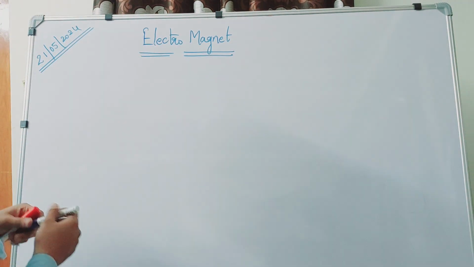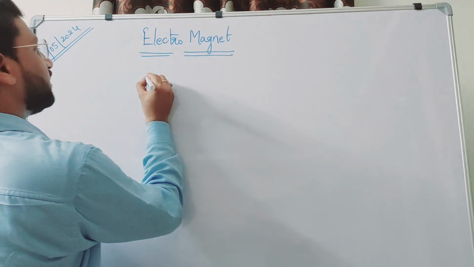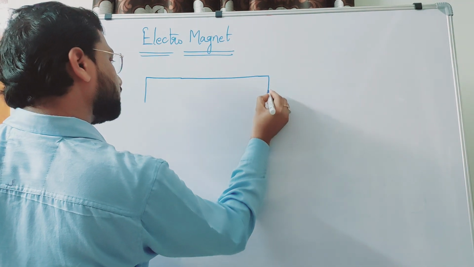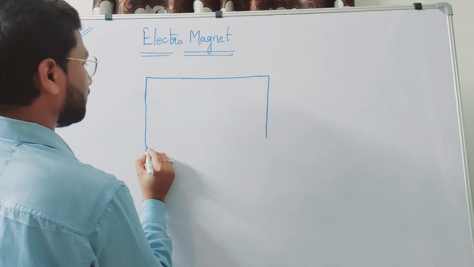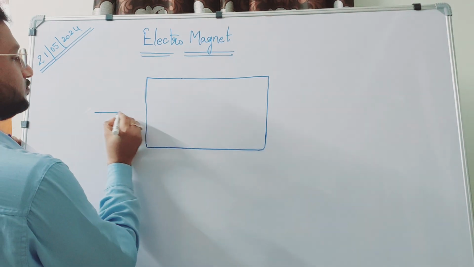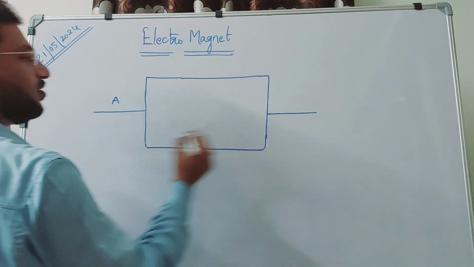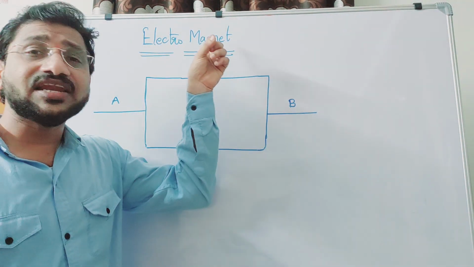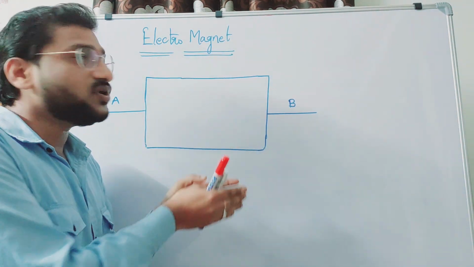Now, let us take a small example of one conductor or a material. I should not say immediately it is a conductor. So, let us take a material, which can be called A and B. Since I am dealing with magnetic materials, I should speak about the concept in terms of magnetic.